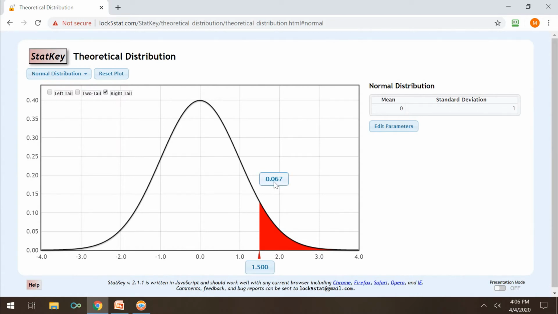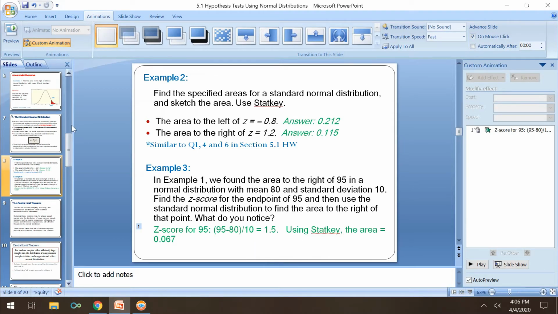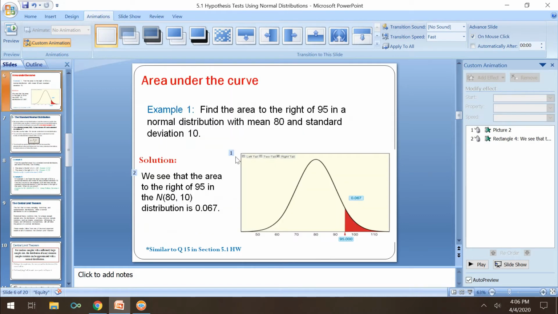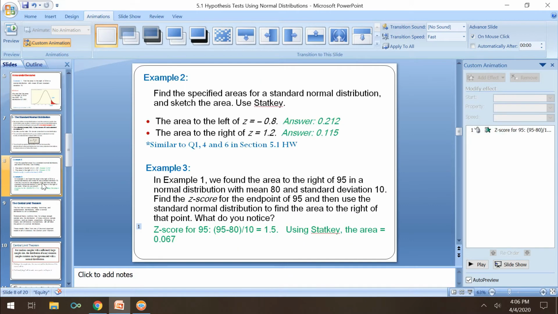In example 3, the area is 0.067, exactly the same as the area in example 1. So the difference is that in example 1 we are using the normal distribution, using the mean, the standard deviation and the raw data. And in example 3 we are using the standard normal distribution. This time the mean is 0, the standard deviation is 1, and instead of using the raw data we use the z-score for these data.